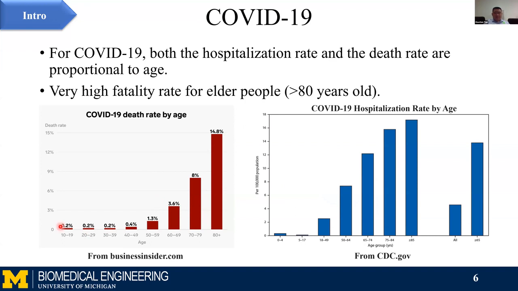However, when we get older, especially for elderly people older than 70 or 80 years old, their fatality rate and hospitalization rate are very high. This means the risk of being killed by this disease is several folds higher than for young people. So we definitely need some antiviral medication.